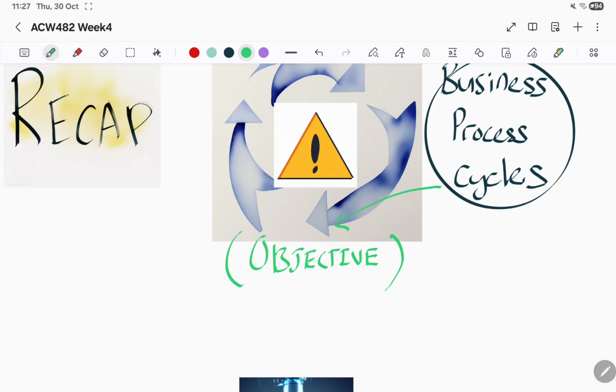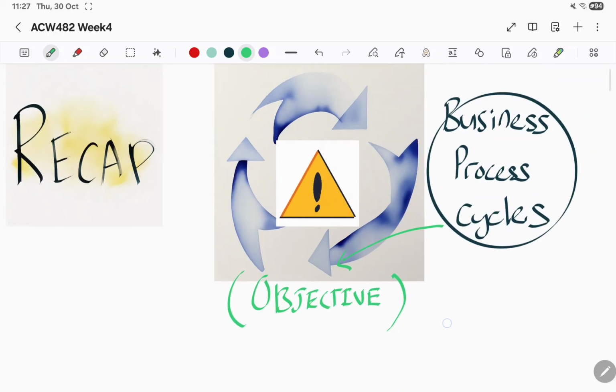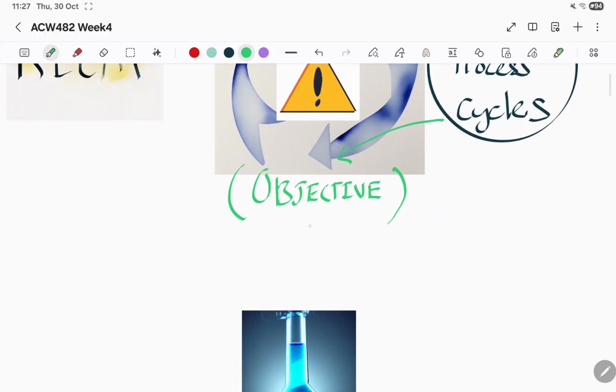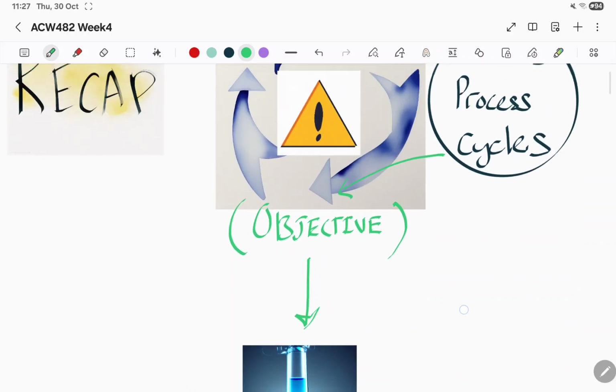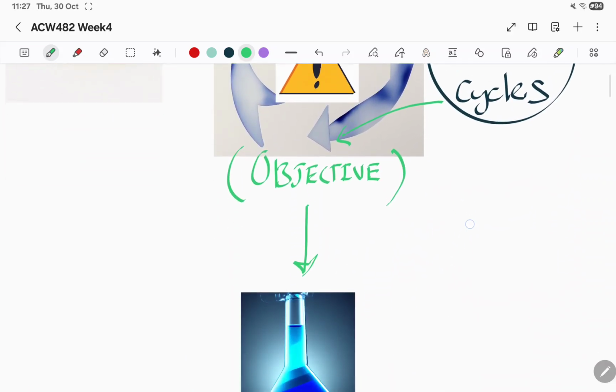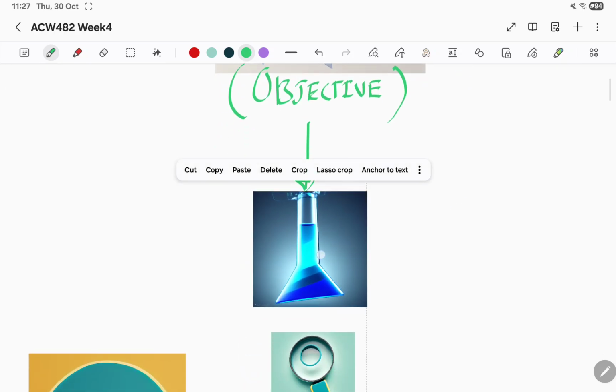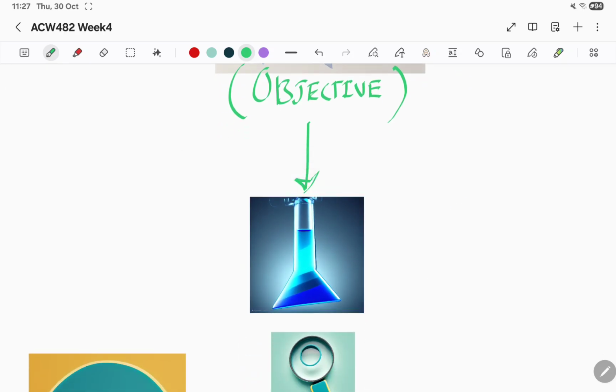This kind of error might occur in the business process, and that takes us to, again, analyze what is happening in this process. You want to go back and look at it.